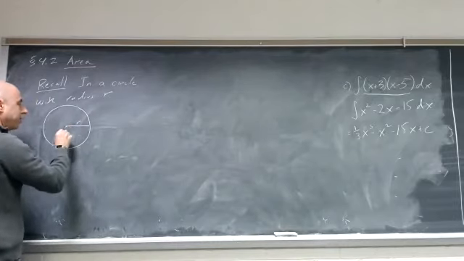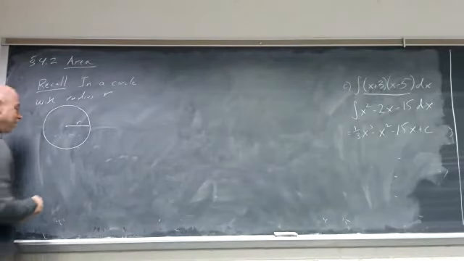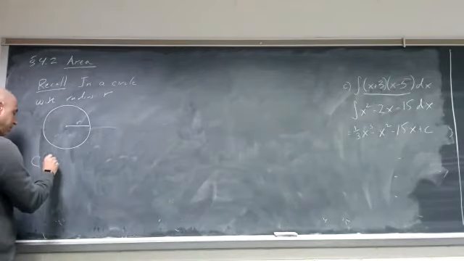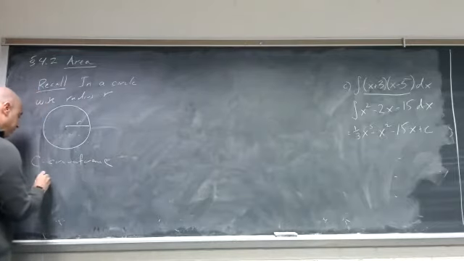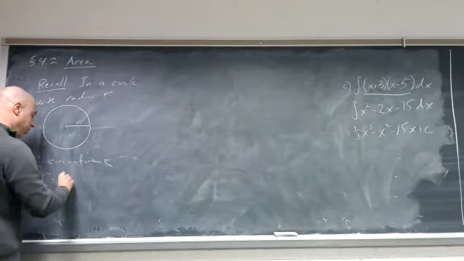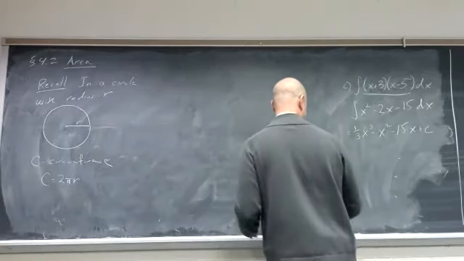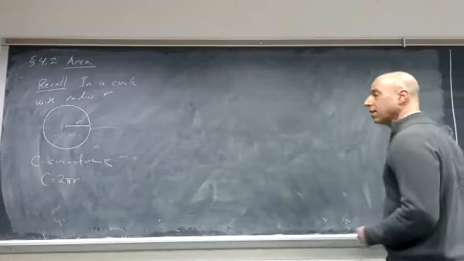So r is just the distance between the middle of the circle, of course, and the outside. That's what a radius is. The circumference is equal to 2 pi r, 2 times pi times the radius, where you know pi is that irrational number, a little bit bigger than 3, 3.14, and so on.